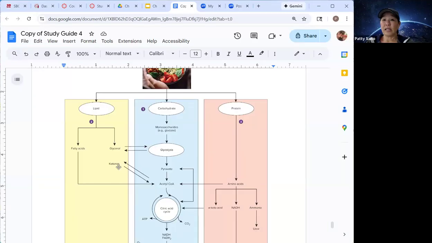Now, ketones can be bad if you have too many. So diabetics, people who have diabetes mellitus, are unable to utilize their carbohydrates, right? And so they start using their fat supplies, and they make a lot of ketones, and that can be harmful.